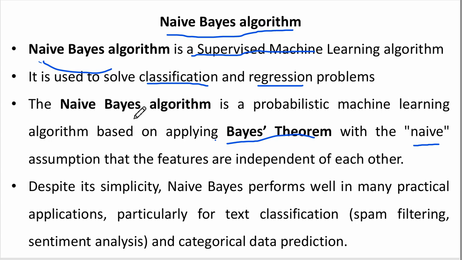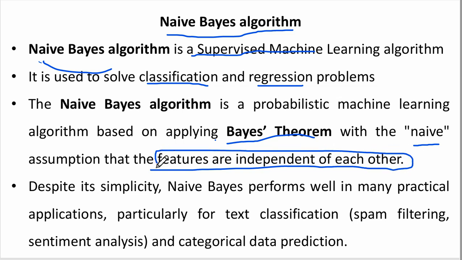Because in naive Bayes, all the features in the dataset are independent of each other. That's why we use the word naive in naive Bayes algorithm.